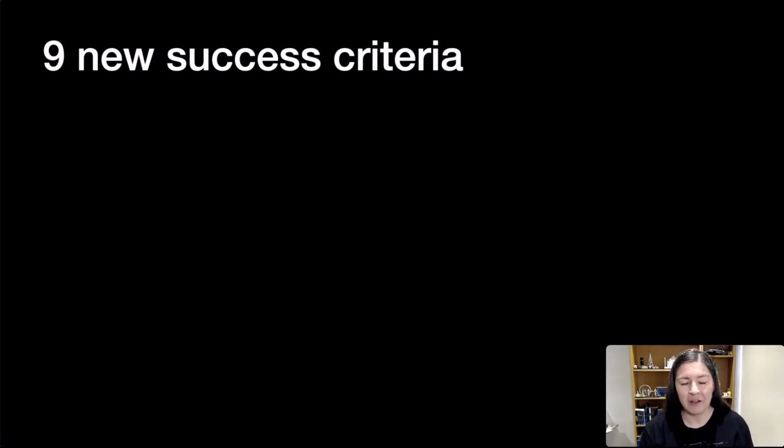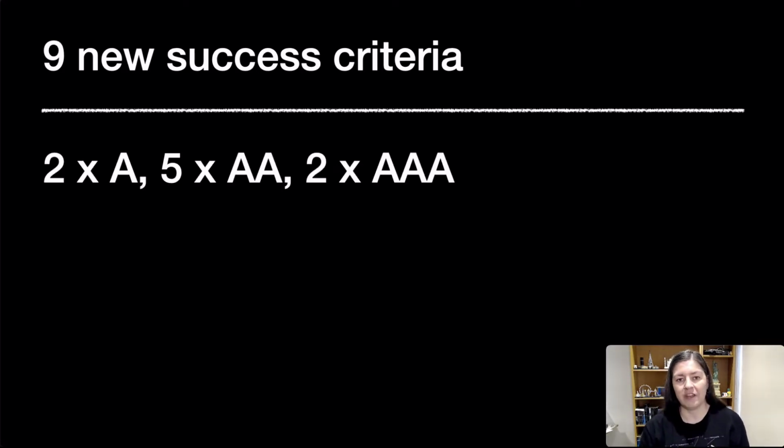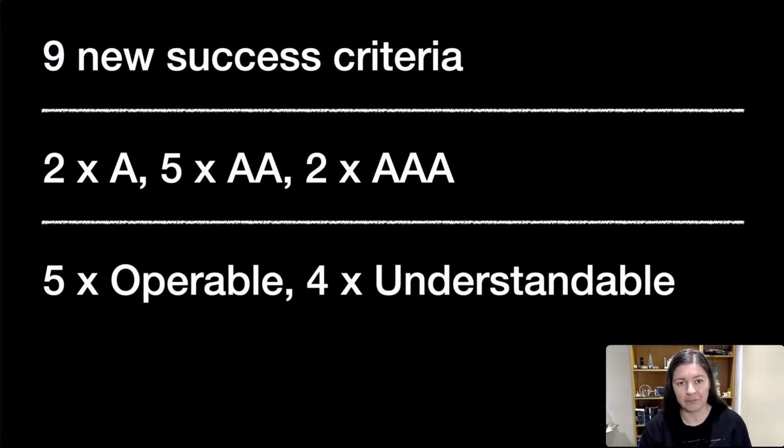So today I'm going to talk about the 9 new success criteria, which is in the WCAG 2.2 candidate recommendation. Now, you can slice and dice these success criteria a few different ways, depending on what you prefer. So if your thing is levels, we're going to be looking at 2 level A, 5 double A, and 2 triple A success criteria.